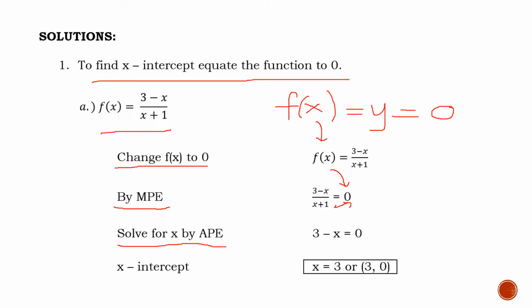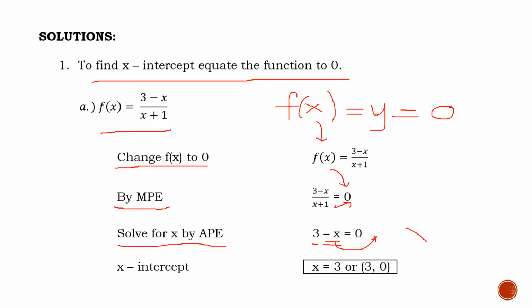In this step, we're just solving for the value of x. Since here we have 3 minus x, it's a negative value of x. If we transpose this negative x to the other side of your equation, we just change the sign of this negative x from negative to a positive x.